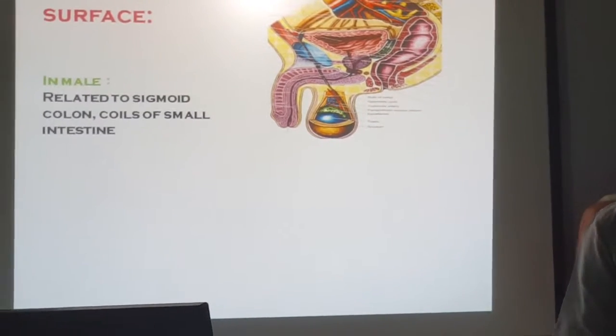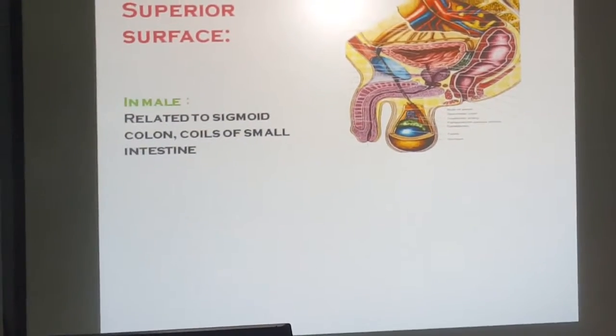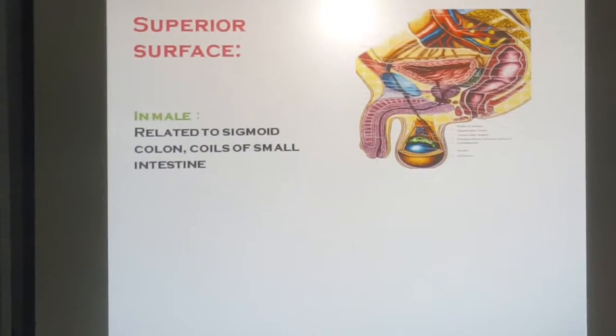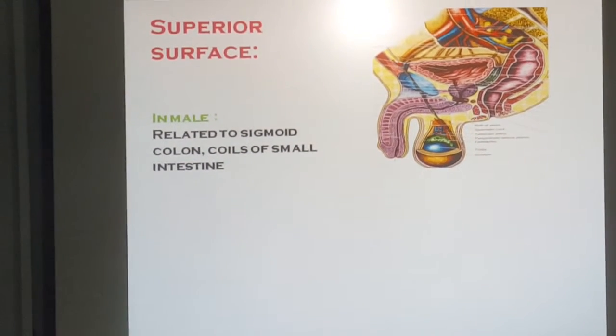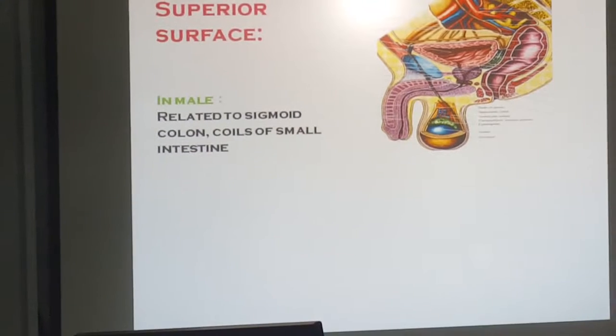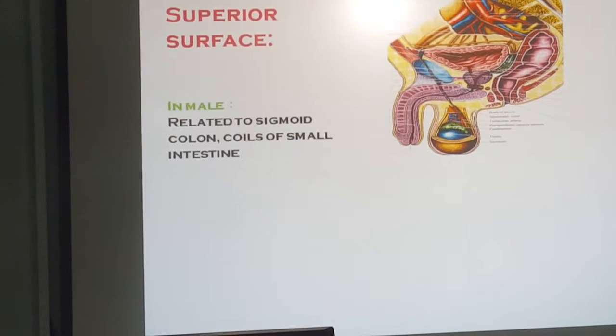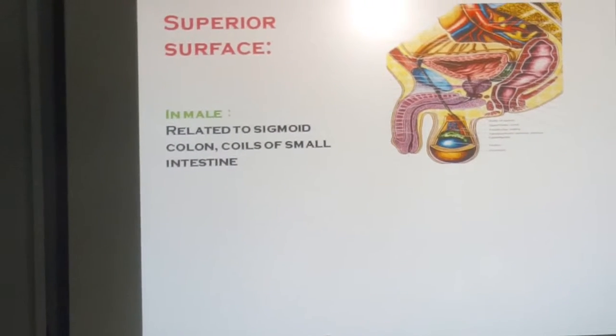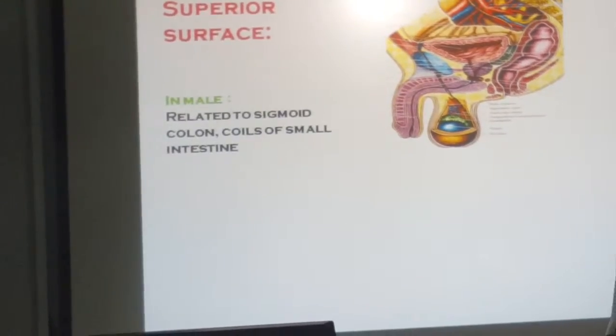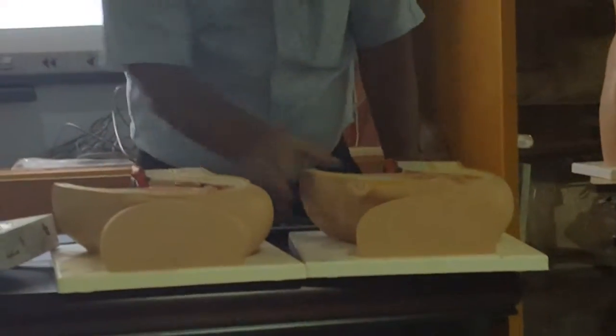And next is the superior surface. In case of male, it is related to the sigmoid colon and coils of the small intestine. Here it is the male specimen, isn't it?